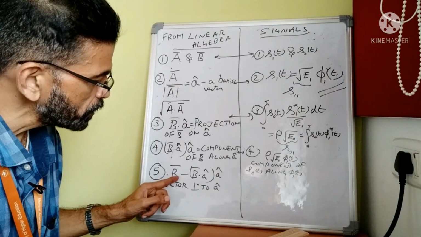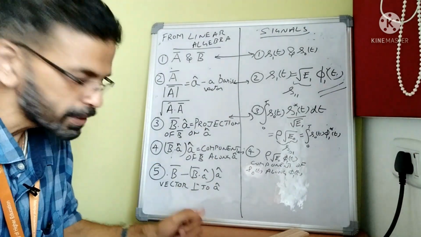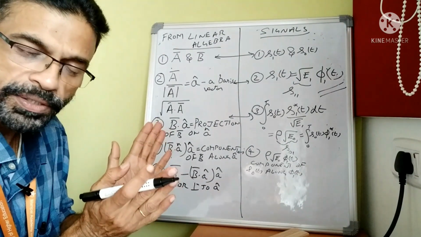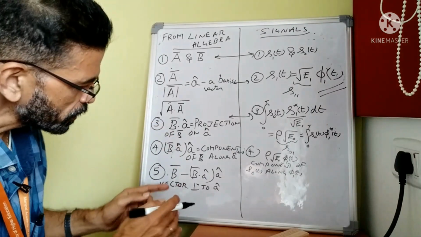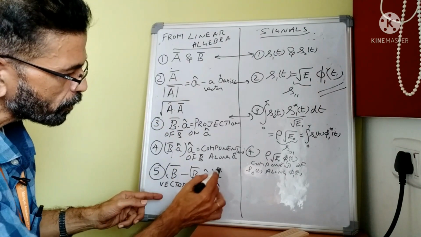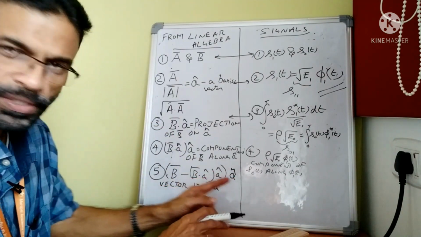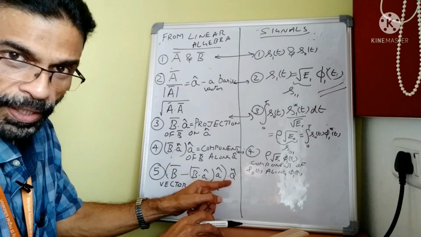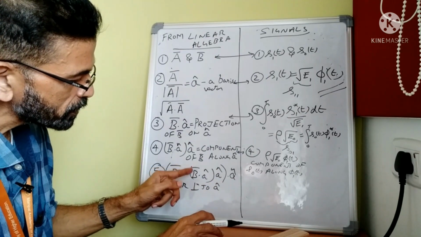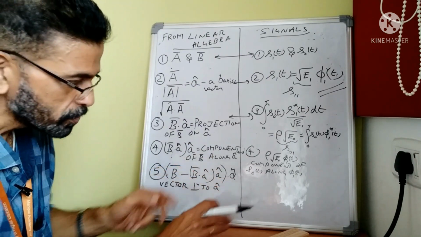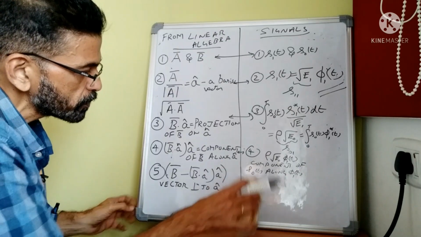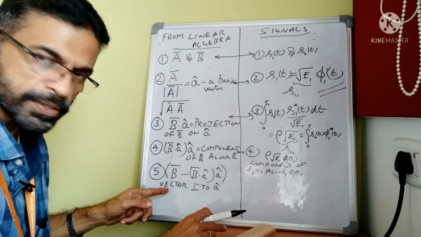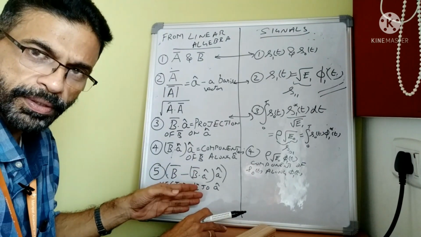It is like visualizing the components of a vector. You can verify that by simply dotting this with A cap. If you dot this with A cap, you will get vector B dot A cap minus vector B dot A cap, which is 0. So that means when you subtract from B its component along A cap, you are going to get a vector which is perpendicular to A cap.